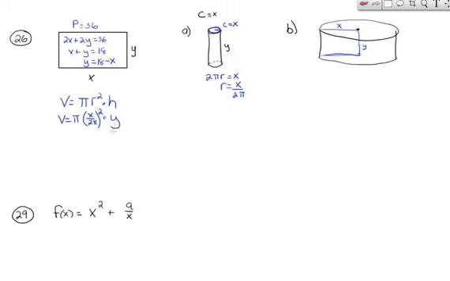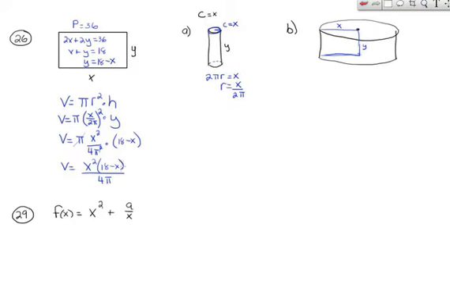And so now we can substitute that in, and the volume becomes pi x squared over 4 pi squared times 18 minus x, which, simplify one more time, pi will cancel out one of these, and I'm left with x squared times 18 minus x all over 4 pi.